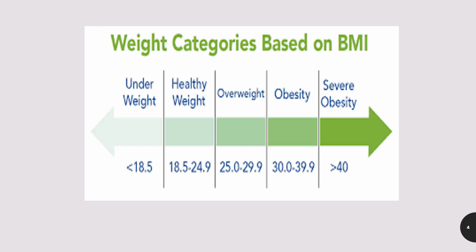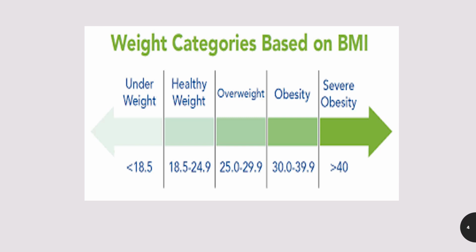Before we get much further, I wanted to give you a chart that we use to determine whether someone is obese. It's based on what they call body mass index, which takes into consideration your height and your weight. Based upon that, they came up with this general scale. Currently, if you have a BMI less than 18.5, you are underweight.